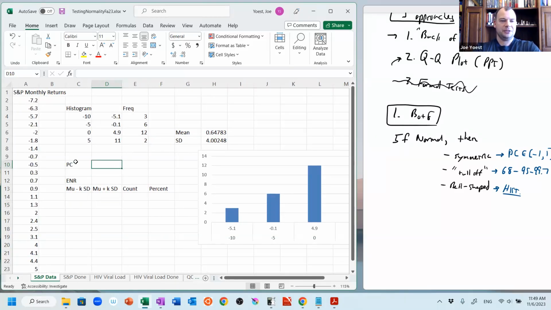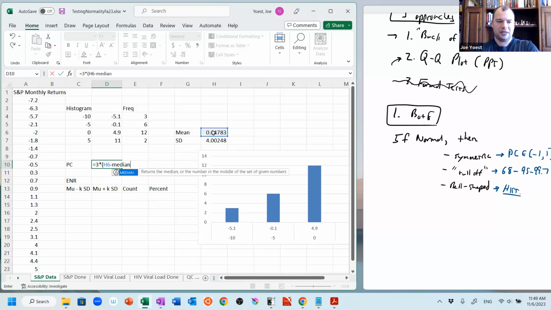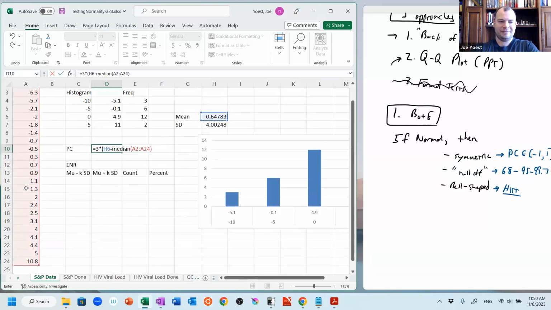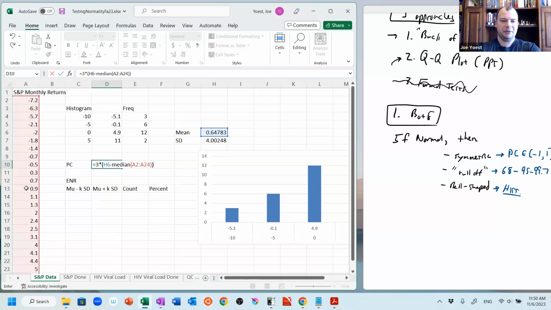I'll compute my Pearson coefficient next, looking for skewedness versus symmetry. This is 3 times the mean, which I've computed up here, minus the median, which I'll just compute in line. So 3 times mean minus median, make sure those are in parentheses, over standard deviation.